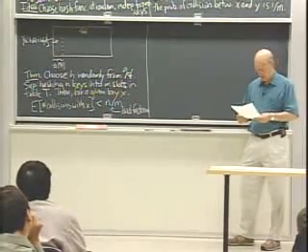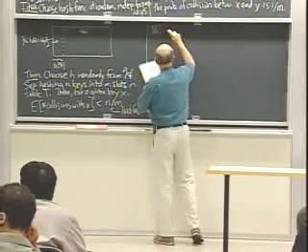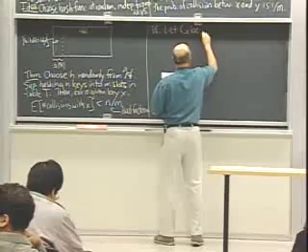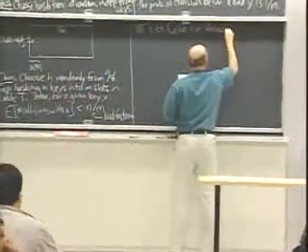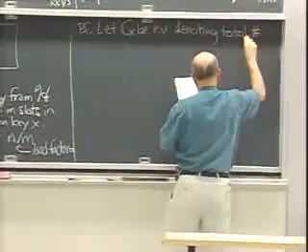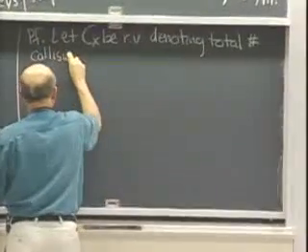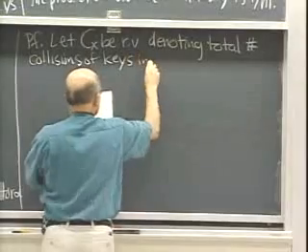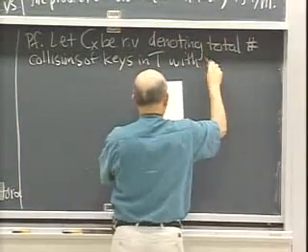Okay, good. To prove this, let c sub x be the random variable denoting the total number of collisions of keys in T with x.